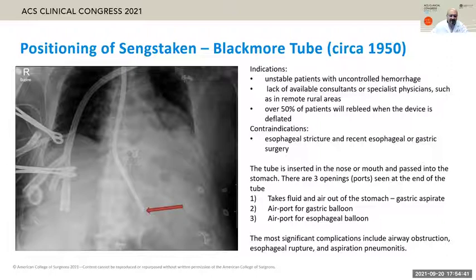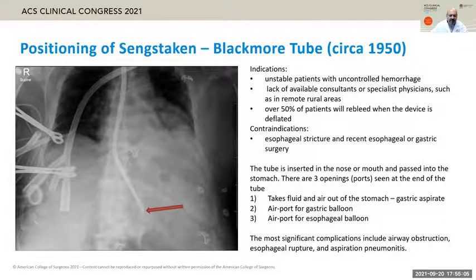It has gone through several versions since then. Indications include unstable patients with uncontrolled hemorrhage, and patients where consultants don't have the right skill set, typically in rural critical access hospitals. It's also important to recognize that over half of these patients may present with rebleeding.